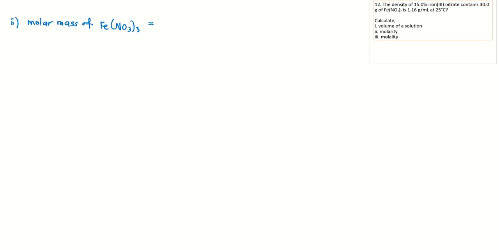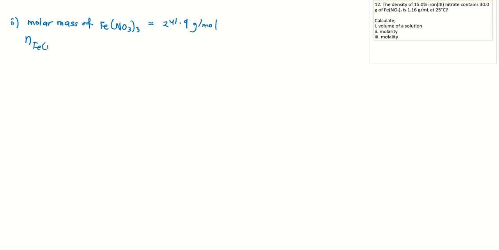Therefore, you must write down molar mass instead of RMM. So what is the molar mass of ferrum trinitrate? It is 241.9 gram per mole.